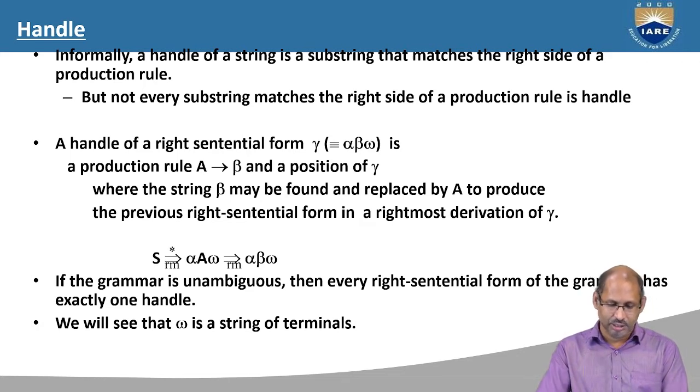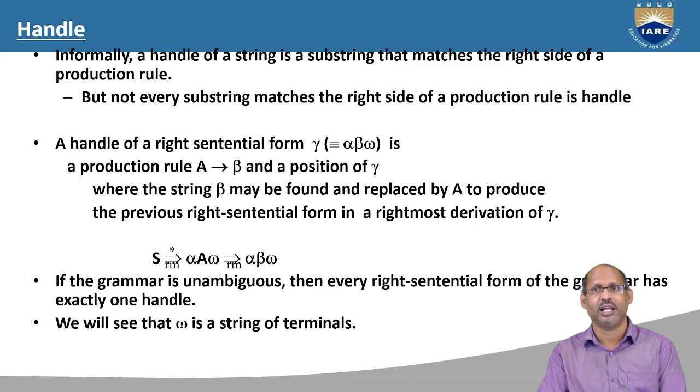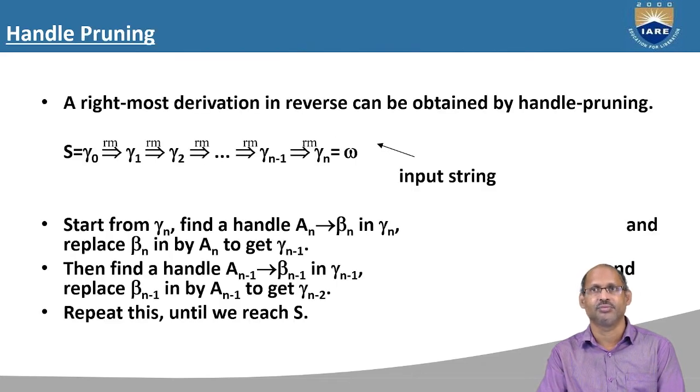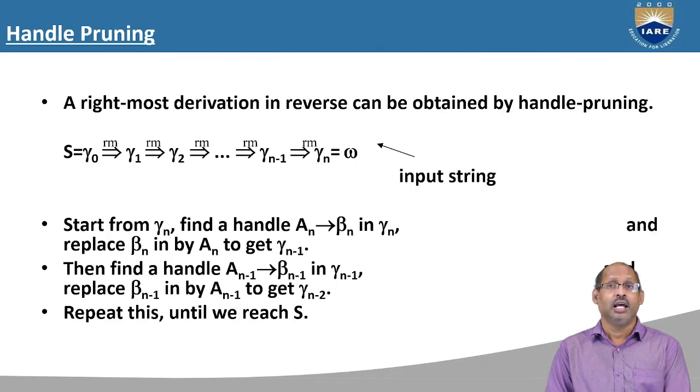So, we will see that w is a string of terminals. Here, the rightmost derivation in reverse can be obtained by handle pruning. Right? So, here w, gamma n minus 1, gamma n minus 2, down to gamma 2, gamma 1, finally it gives a string.